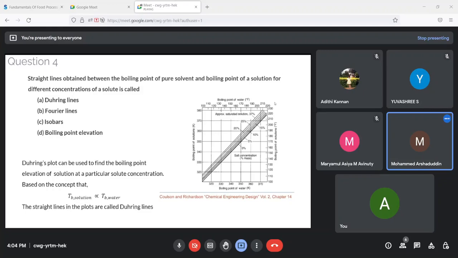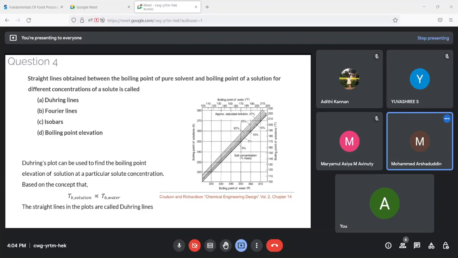So when we're talking about evaporation here, as in when you evaporate, the concentration of your solute actually keeps increasing inside the evaporator. So your boiling point that was at time t equal to 0 will not be the same as say t equal to 1 hour, because now your solution would have already concentrated a little bit. That would have changed the solute concentration in the liquid, and hence your boiling point would have actually increased.